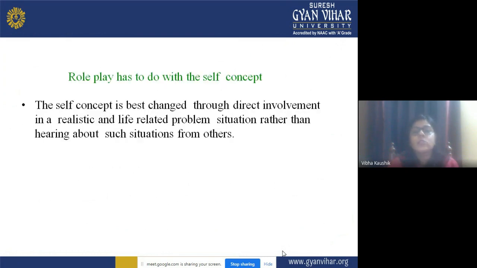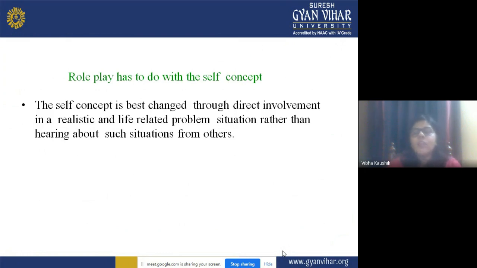Role play has to do with the self concept. The self concept is best changed through direct involvement in a real situation. The best method to change the self concept of an individual is when that individual is directly involved in realistic and life related problem situations rather than hearing about such situations from others.